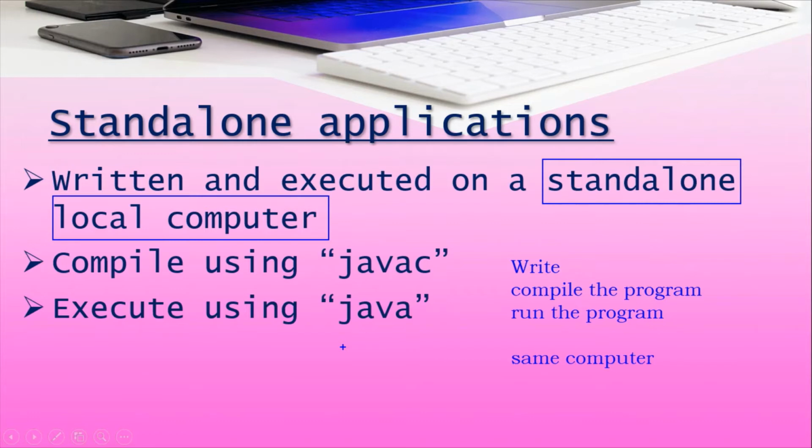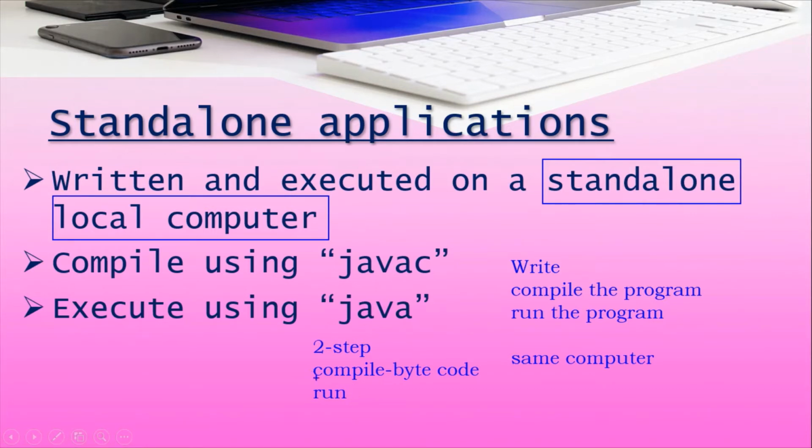In the previous classes I have already told you that running a Java program is a two-step process. What is the first step? We should compile the Java program. What do we get? We get bytecode. Then we run the Java program by using the JVM. These are the two steps, right?